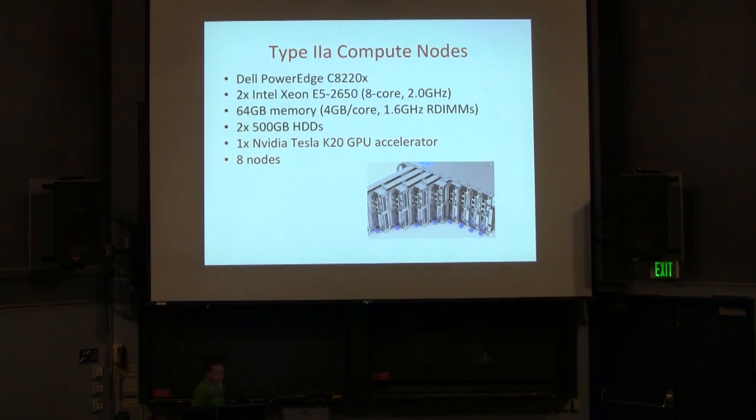Okay. Then, as I mentioned, we're trying to keep up with the development, so we have a few accelerated nodes. One type of accelerated node is accelerated by NVIDIA GPUs. I'm sure some of you have tried CUDA programming before. So this is a good platform for CUDA programming.